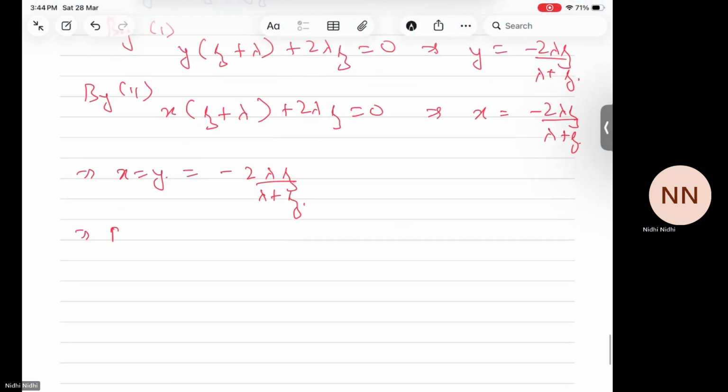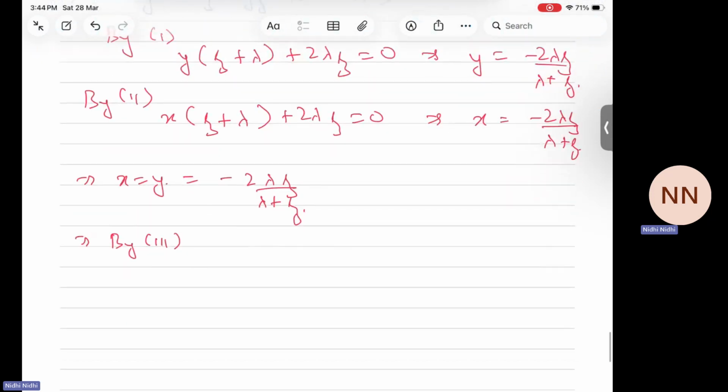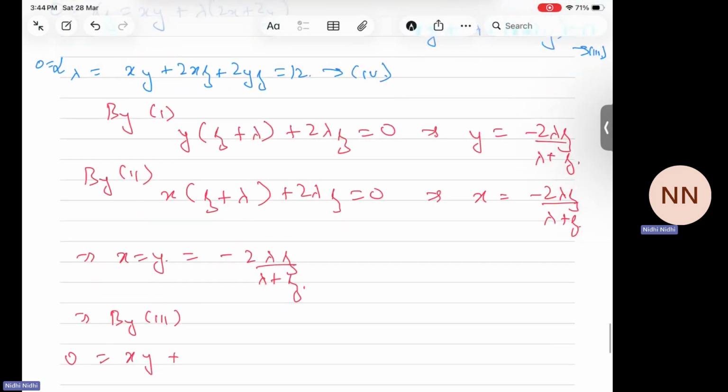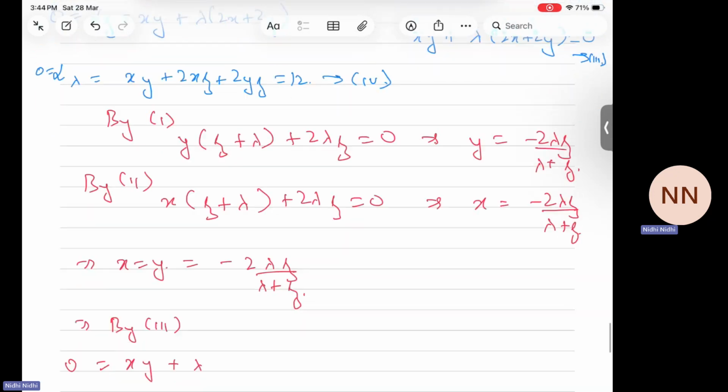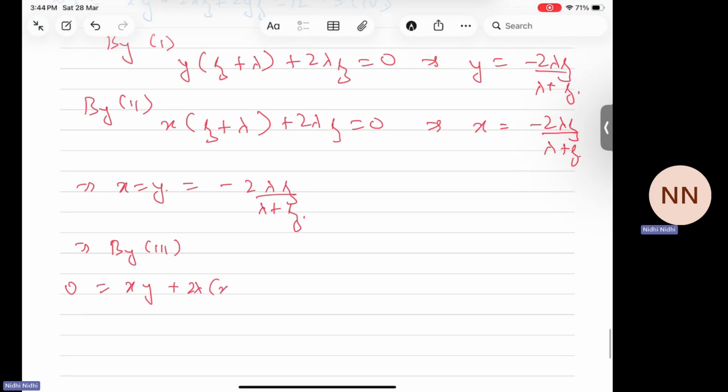So in equation 3, what do we have? 0 is equal to xy plus lambda times 2 lambda x plus y, which is equal to minus 2 lambda.